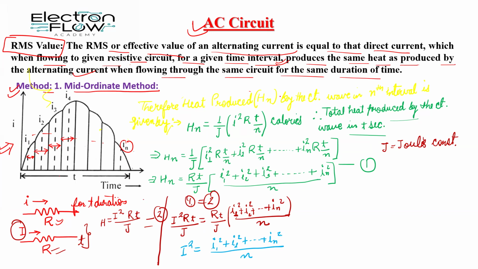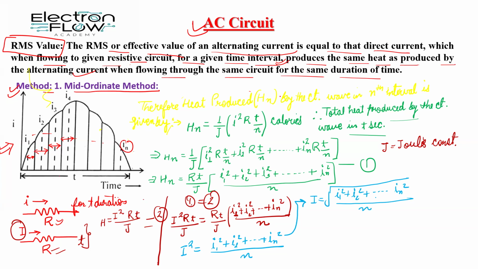From this equation, I is equal to the square root of I1 square plus I2 square plus and so on up to In square, divided by n.